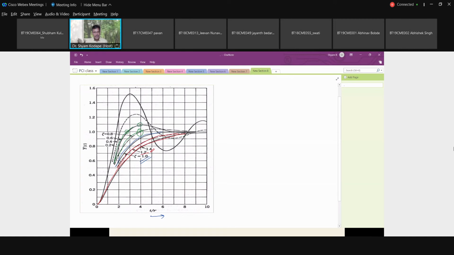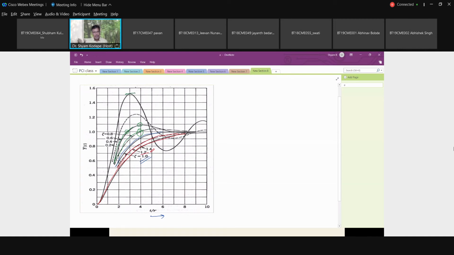See here, its maximum value is more than the maximum value for 0.8. But again it is reaching the ultimate value. Okay.